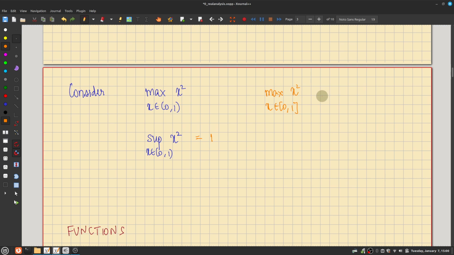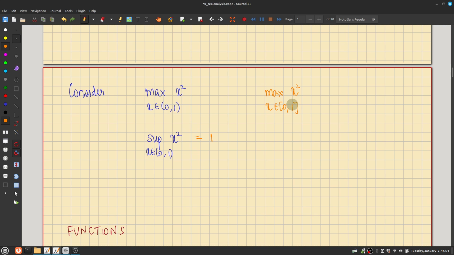So the solution, or the optimizing x, may lie inside the set, within the interior of the set so to speak, or it could lie on the boundary. In this case, the maximizing x is x equal to 1, which lies on the boundary of this particular set. Right?